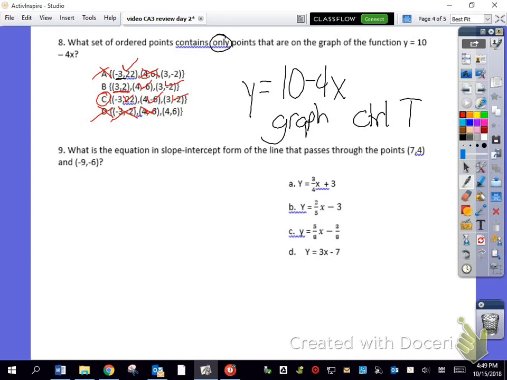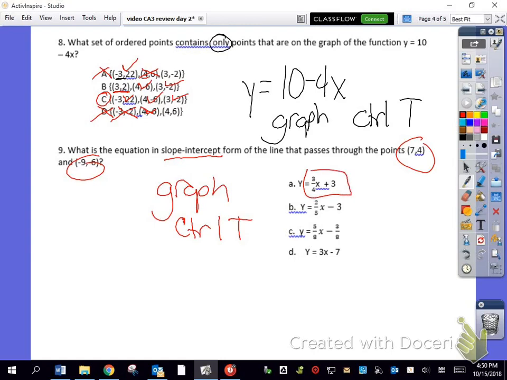What is the equation in the slope-intercept form of the line that passes through 7, 4, and -9, 6? So you have 2 points, and you want to know which equation goes through there. So just graph them. When you graph them, then go to your table, so Control T. So 3/4 x plus 3.